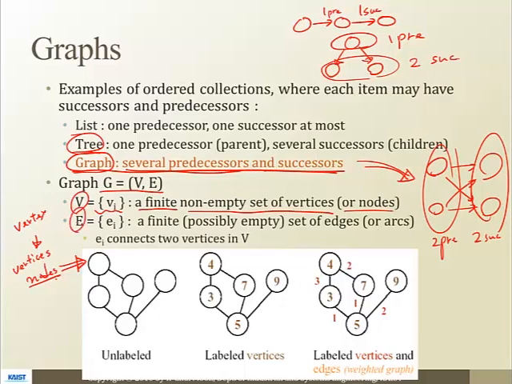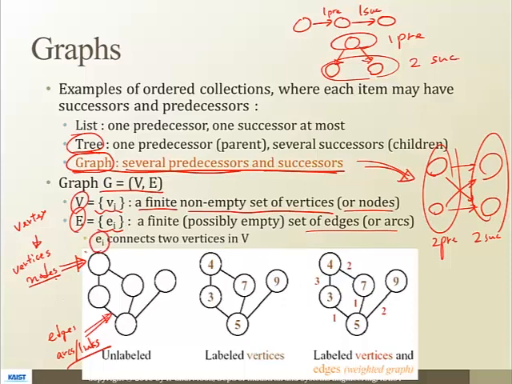Okay, and E is a finite set of edges, also called arcs, and also called rings. What we are referring to is this one, this line. This line is often called an edge, or an arc, or a ring. These are all different names, but referring to the same element.